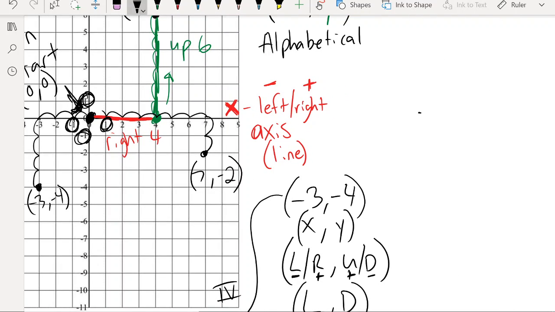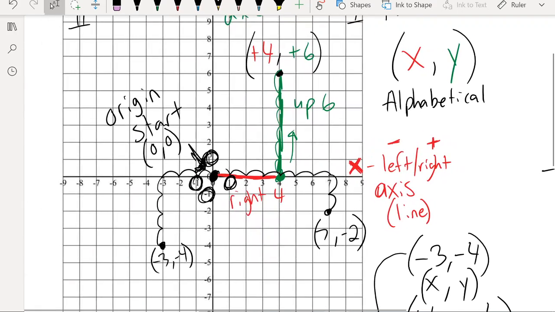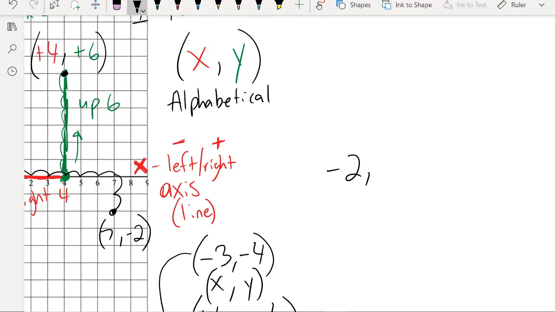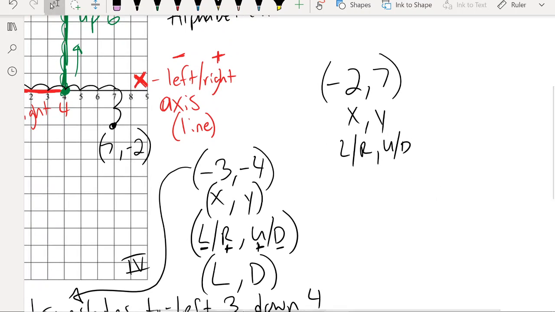Let's see if I can make one fit in here. Let's do -2, comma 7. Okay, so x, y, meaning I'm going to go left or right, and then up or down. Left is negative, right?